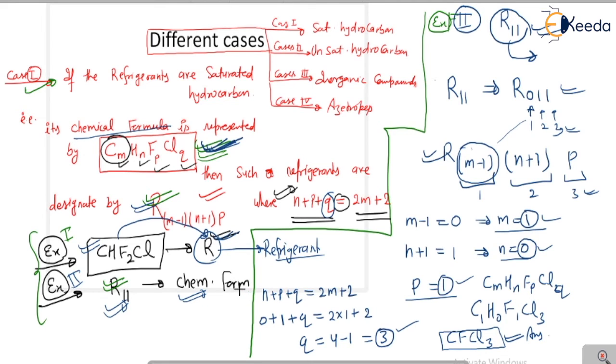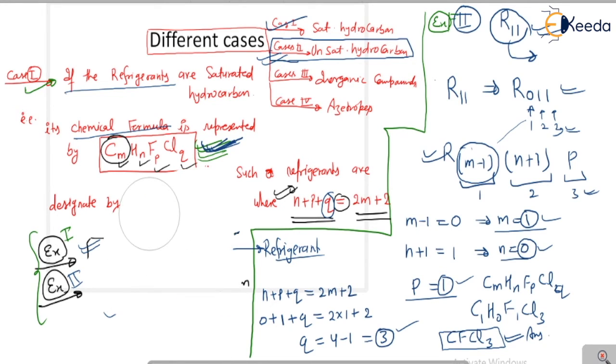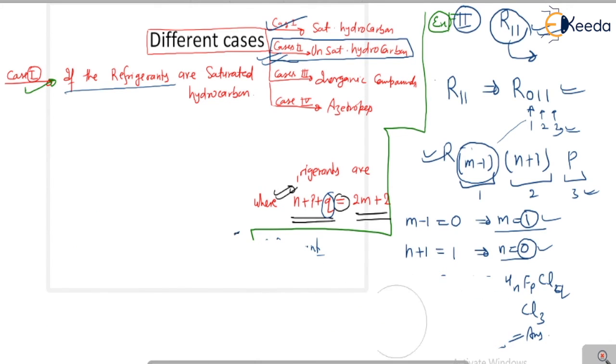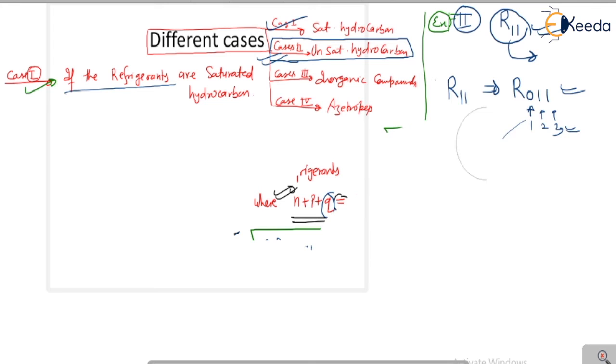Okay, my dear friends. Now let's move with our second case. This is your first case. Is it right? Now let's move for a second case. This is your second case. And what is the second case name? If your refrigerants are unsaturated hydrocarbons, so what is your main heading?